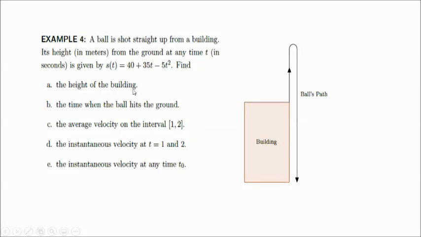So find the height of the building. Paano natin mahanap yung height ng building? Mahanap natin yung height ni building kapag initial time, di ba? Kasi itong position na ito, class, kasama na yung, from the ground siya. So kung time is equal to 0 dito, makukuha natin yung height ni building. Kasi dito ka pa lang mag-start.